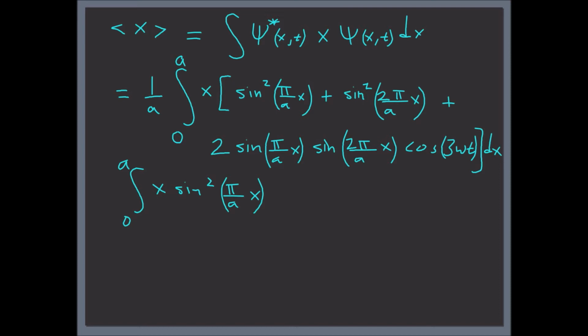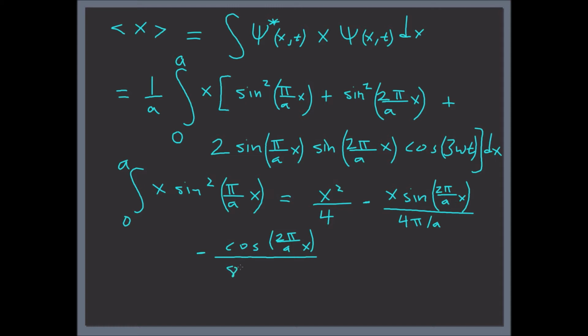This is equal to x squared divided by 4, minus x sine of 2 pi divided by a x, divided by 4 pi over a, minus cosine of 2 pi divided by a x, divided by 8 times pi over a to the second power. Then we're gonna integrate from 0 to a.